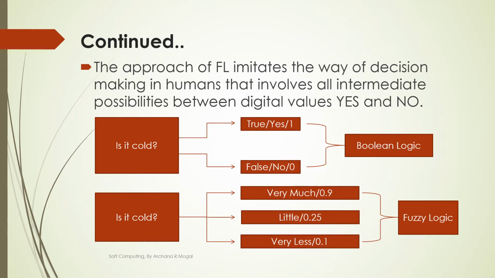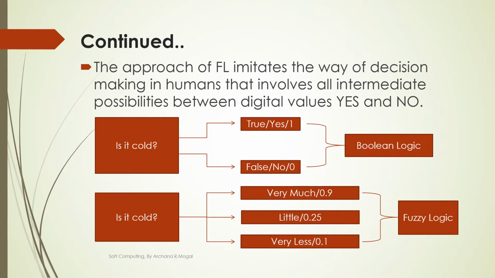Fuzzy logic is a method of reasoning that resembles human reasoning. The approach of fuzzy logic imitates the way of decision making in humans that involves all intermediate possibilities between digital values yes and no. In this example, we can say that in Boolean, we may say it is cold, then its value in Boolean logic values are only true or false, yes or no, and 1 or 0.